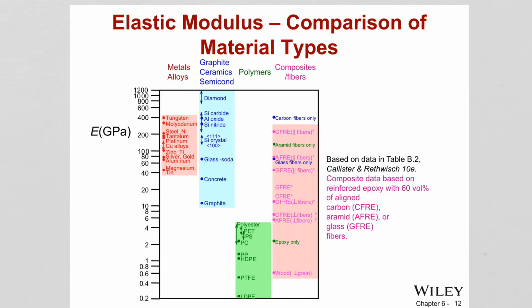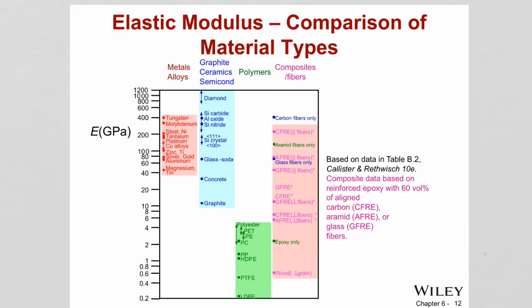And besides that, the metals, with metallic bonding, also have relatively high modulus values compared to polymers and some composites. So we can see tungsten has the highest, because I told you guys tungsten has covalent bonding besides the metallic bonding.